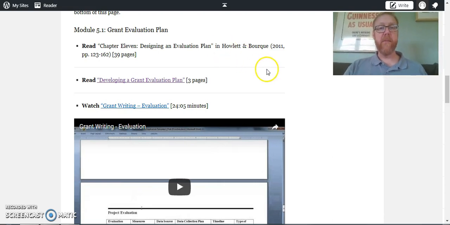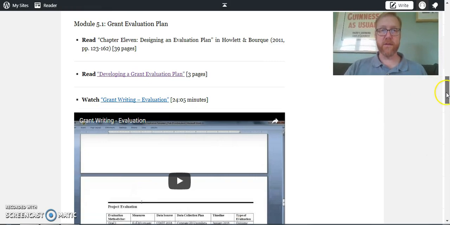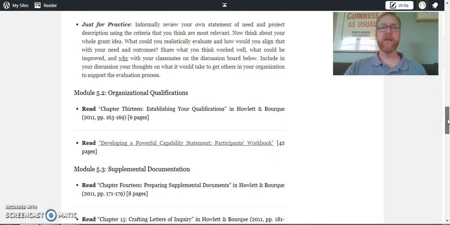That's the key. But remember, keep it really focused and as short as possible in the written parts.